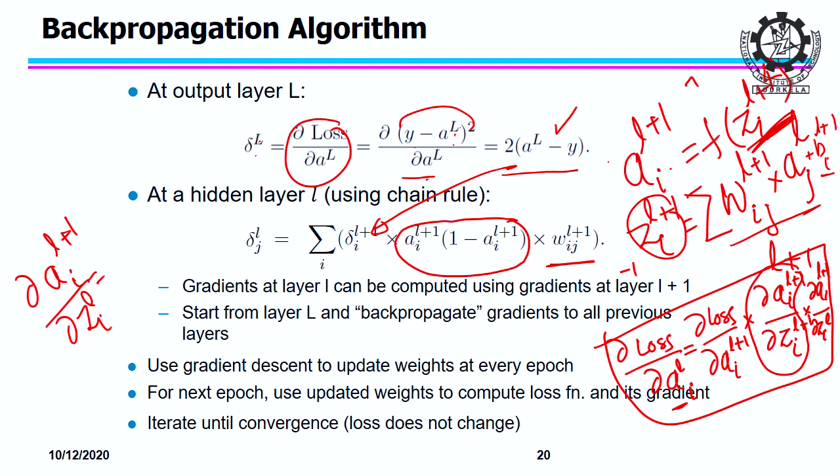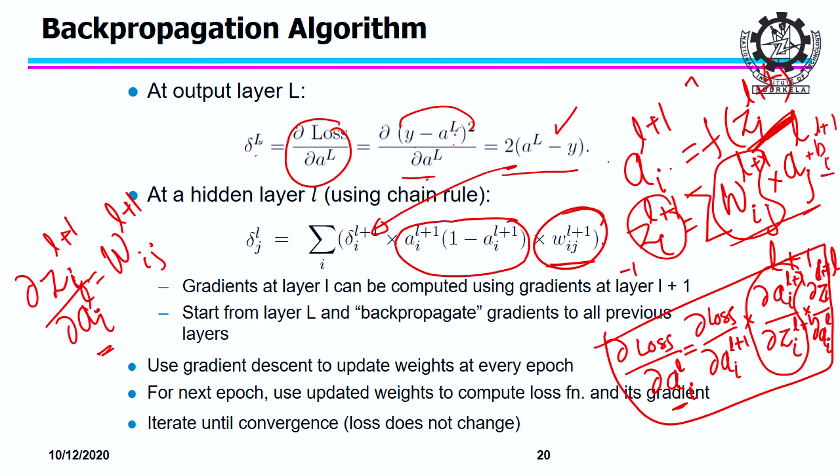Only this part will remain with respect to delta A I L. So, this is actually Z I L plus 1. Now if you take this with respect to L, only this part will be there. So, this will be W I j L plus 1, that is coming here. Okay, I stop here.